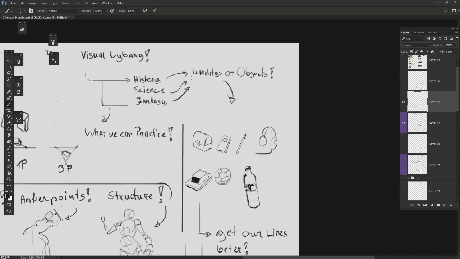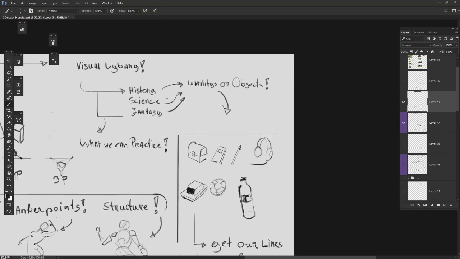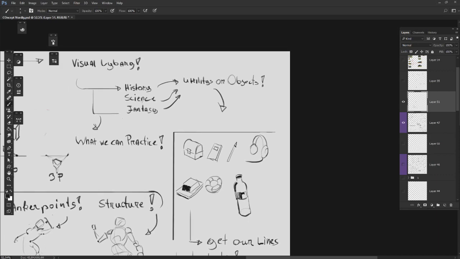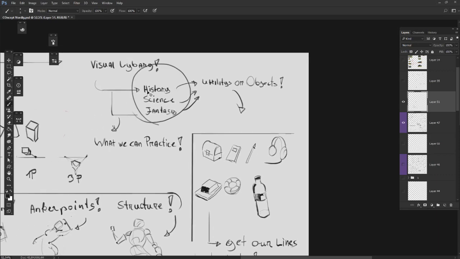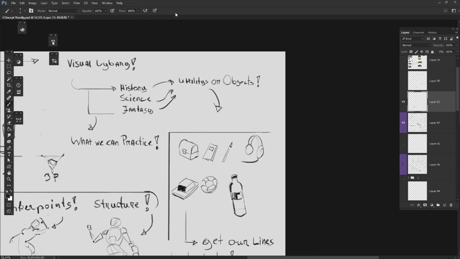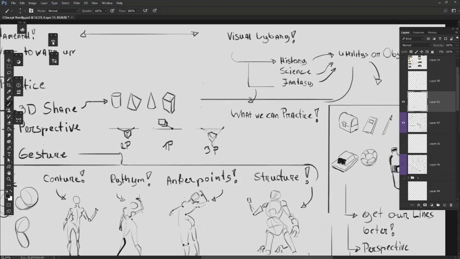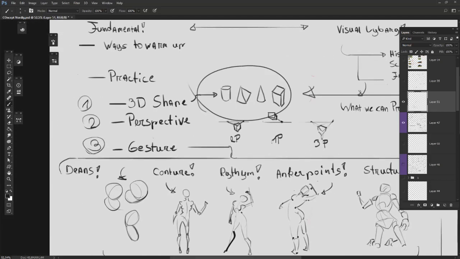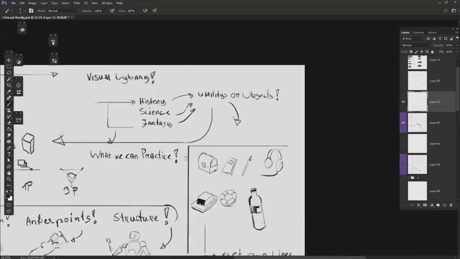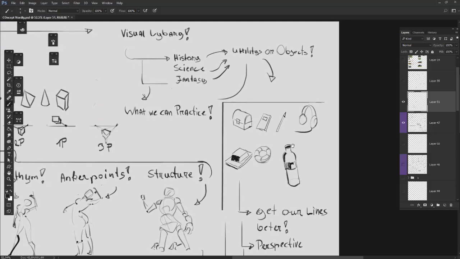I'm sorry if I tried to help you a little bit with words, even though my English is really bad. But anyway, in order to execute all of those things, we need to understand the utilities or the object of it. And the best way to do that is to practice first these things: perspective and shape, because it's then way easier to have it.